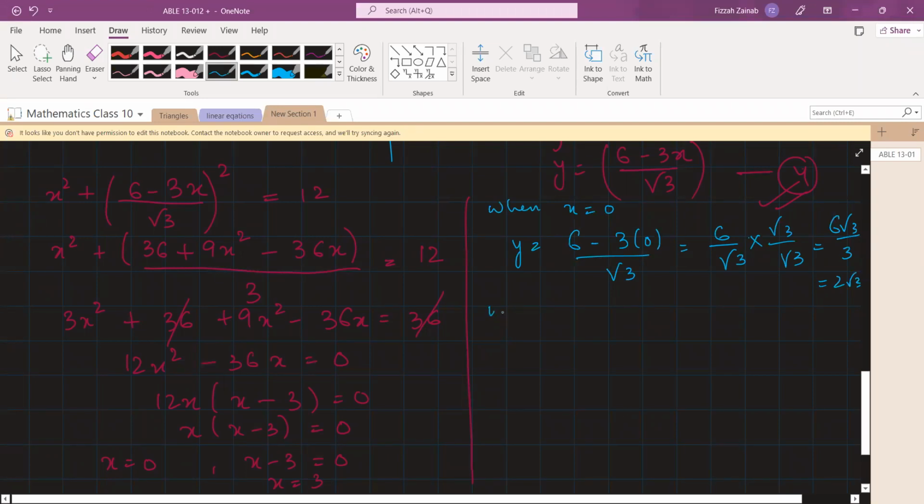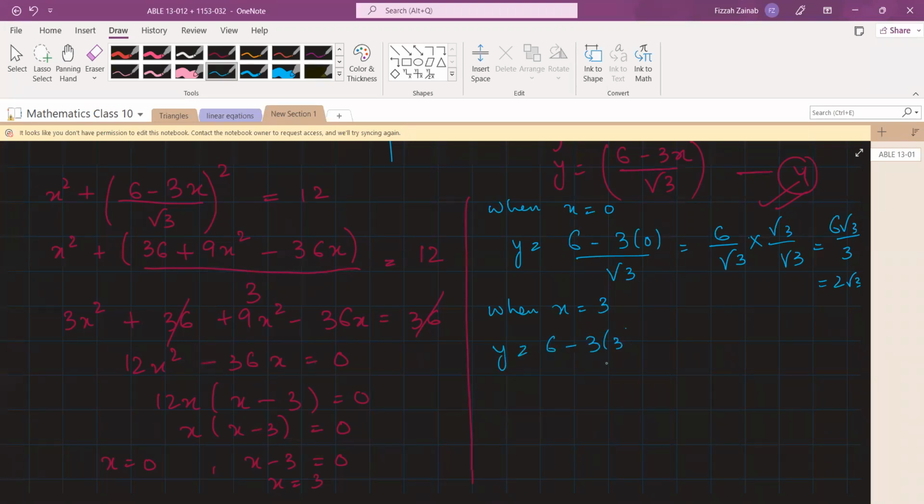And then when x is equal to 3, y is equal to 6 minus 3 into 3 divided by under root 3. So this is 6 minus 9, which is minus 3 by under root 3, and then again rationalize. Sorry, I was rationalizing, not cancelling. So root 3 and then 3. This 3 actually cancels out, and it is minus root 3.